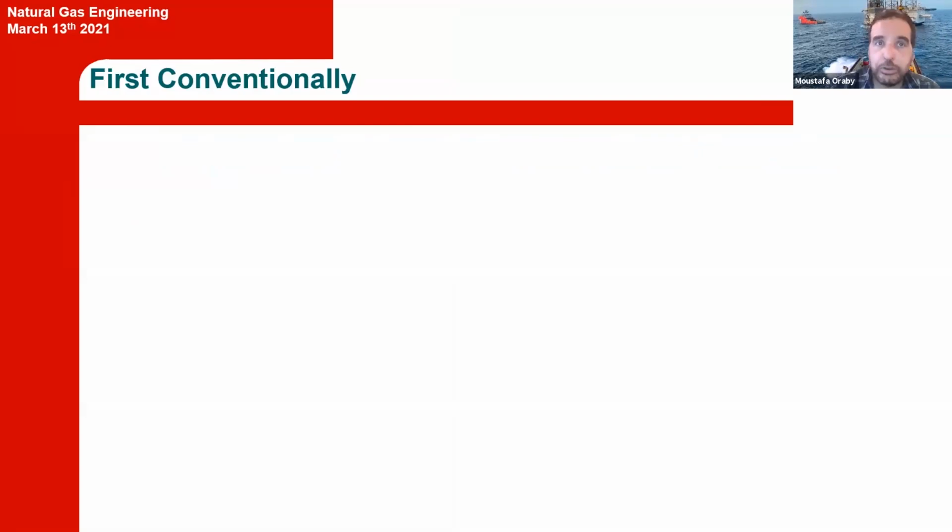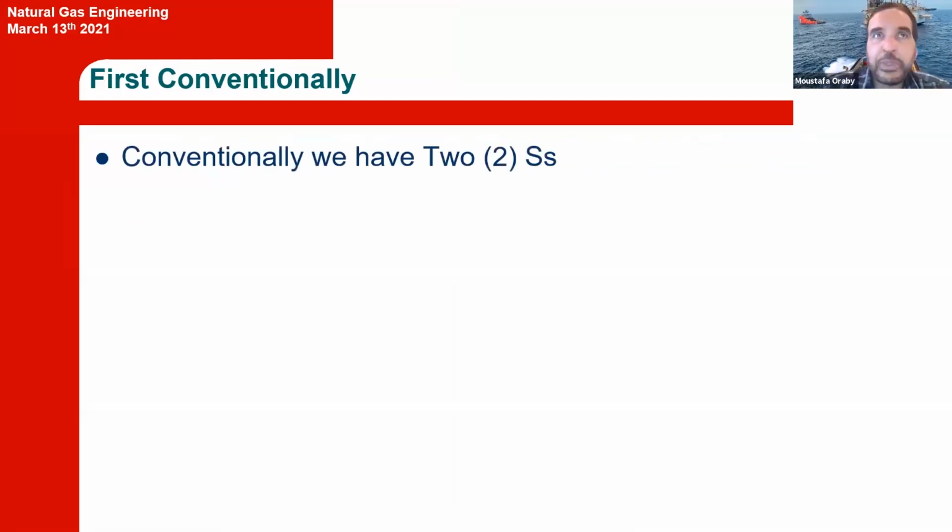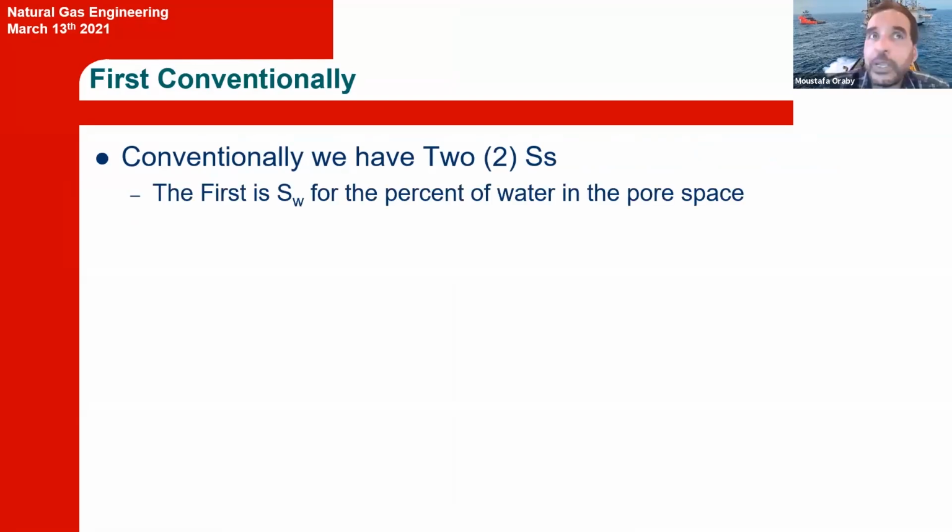To look at the hydrocarbon volume in any conventional reservoir, we actually define two S's. We have very well-known two S's. We have the first one called SW. Okay, Mr. Archie did a great job in defining this, and other people came up with doing some more work on trying to find SW, which is the percent of water in our pore space.